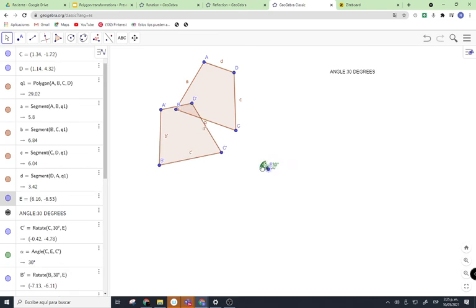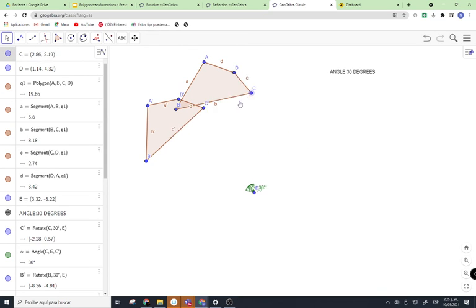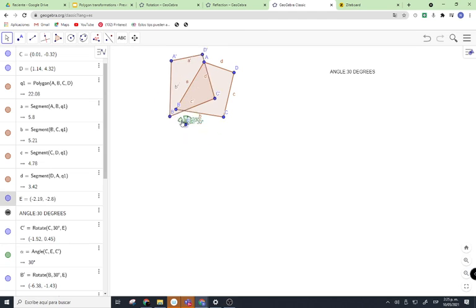That if I move the center of rotation, it is also going to move the image, okay? And if I modify the original figure, the image is also going to be modified, okay? That will happen if it's inside, that will happen if it's over the vertex, that will happen if it's outside, okay? That's good for this type of rotation.